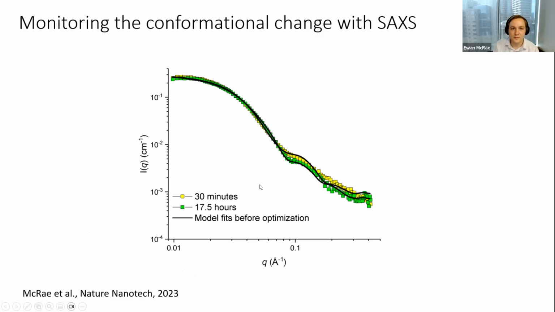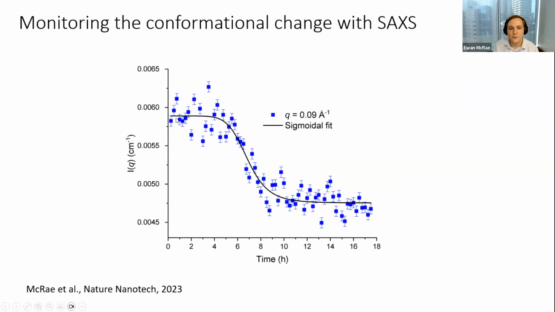When we look at the predicted scattering from our PDB models of the early and late structures, we see that they overlap nicely with our early data frames and our late data frames. And if we look at this particular scattering angle where we see a large amount of change, it starts as a metastable state, transitions, and then plateaus again.